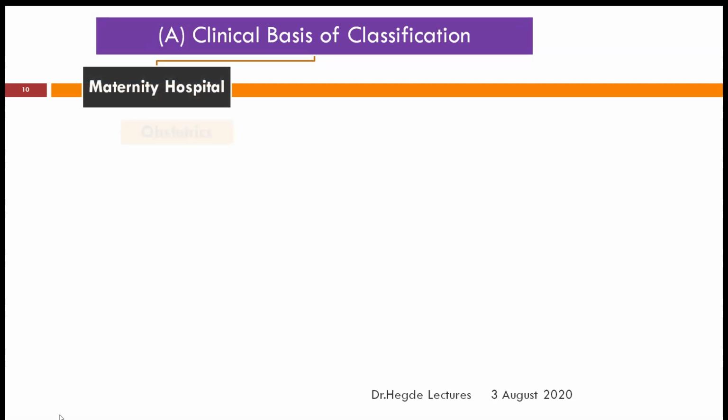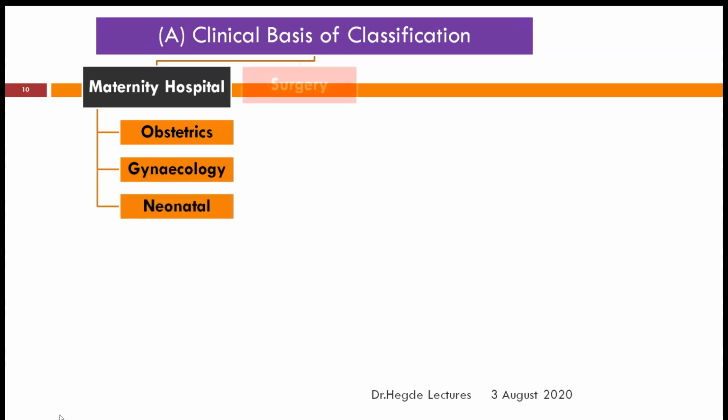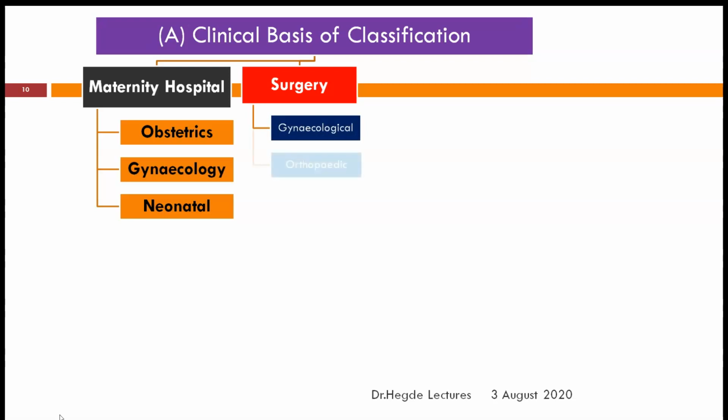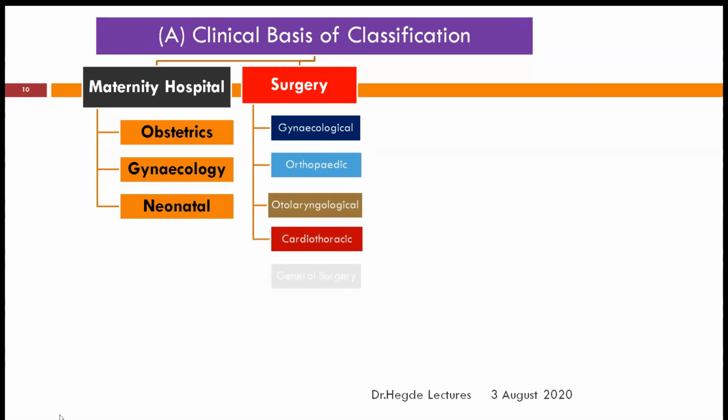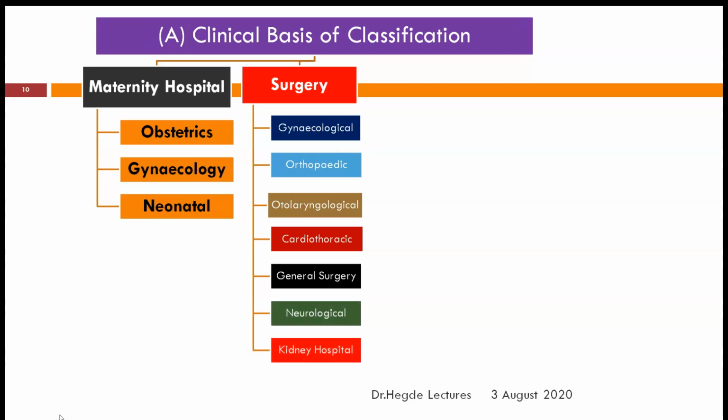One is the maternity hospital, where we can see obstetrics, gynecology, neonatology. One more type of classification on the clinical basis is surgery. Under surgery, we can see gynecological surgery, orthopedic surgery, otolaryngological surgery, cardiothoracic surgery, general surgery, neurological surgery, kidney hospital, urology.